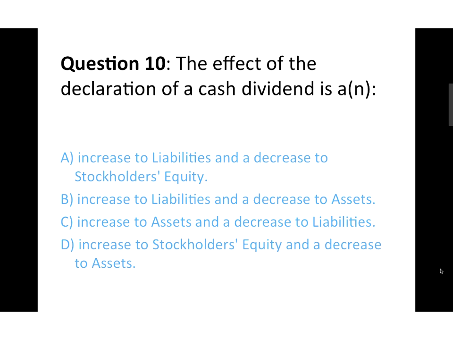Okay, the effect of the declaration of a cash dividend. We're going to close this in about 10 seconds. Again, you can look back in your notes from just a minute or two ago. We talked about this.